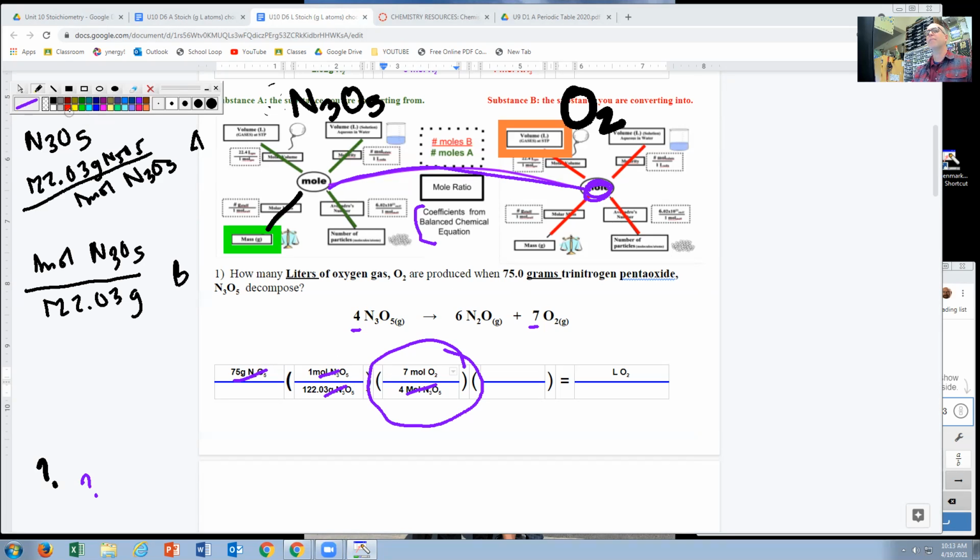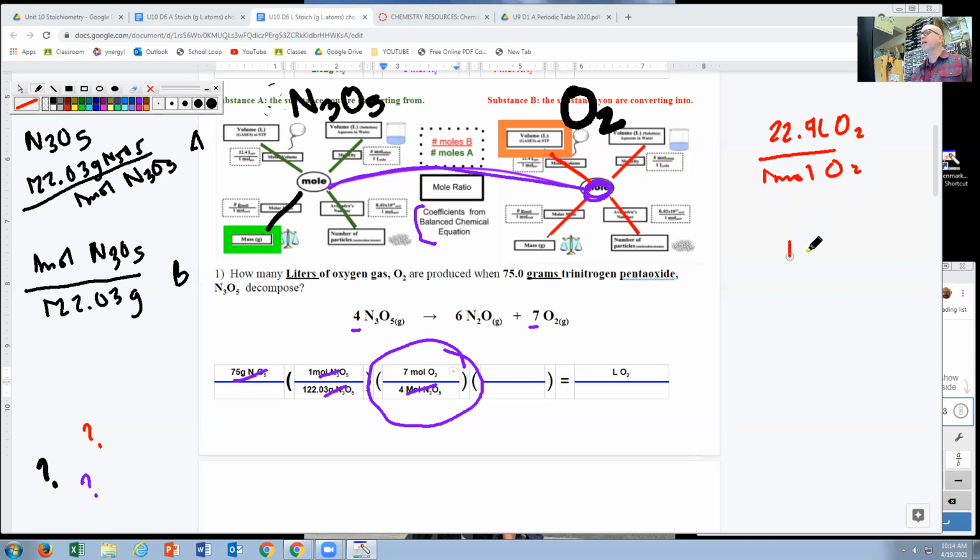It's a red street. What is the name of this conversion factor, this street? That's right, it's going to be molar volume. What is the conversion factor for molar volume? Well, it says it right there, 22.4 liters for every 1 mole of oxygen.